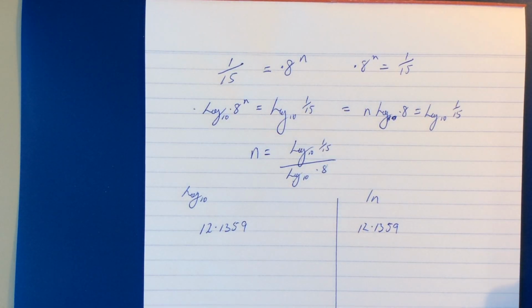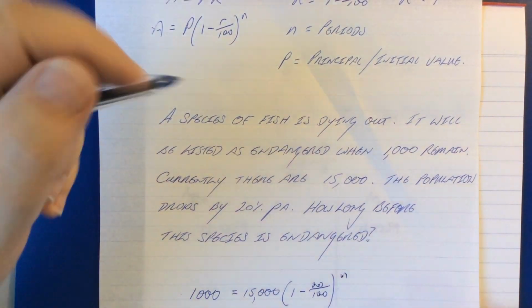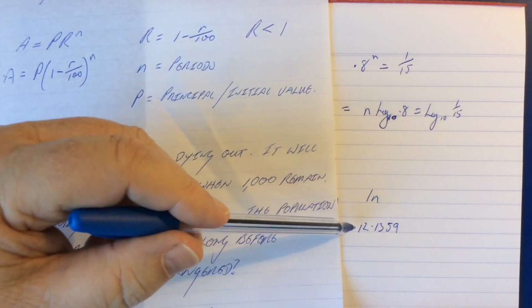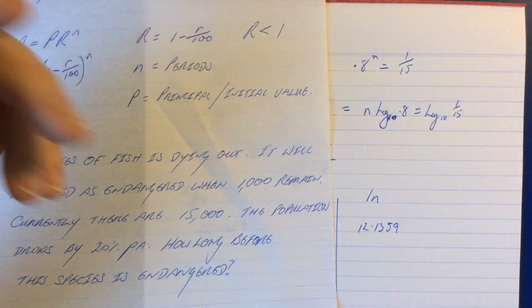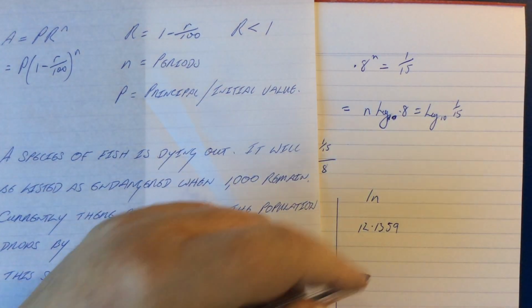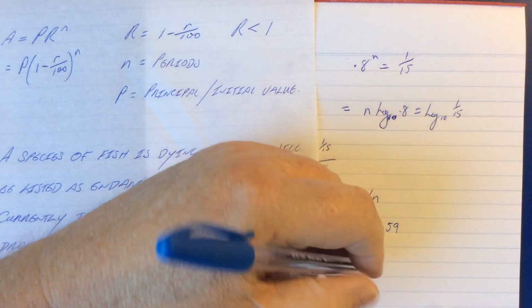Now, what does this mean? Well, what it means is that our fish is going to be listed as endangered after 12.1359 years, just over 12 years.